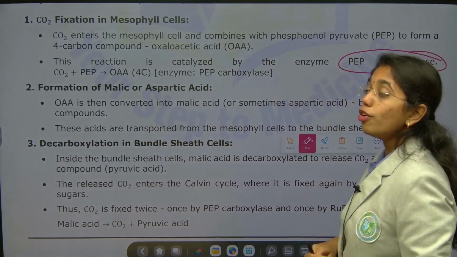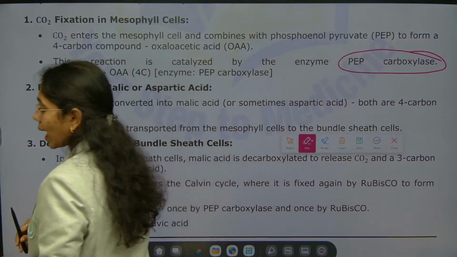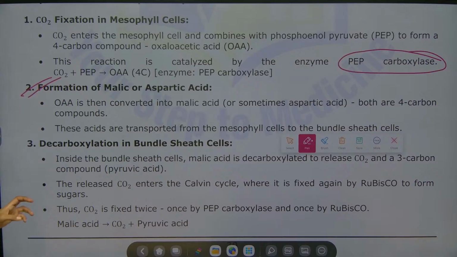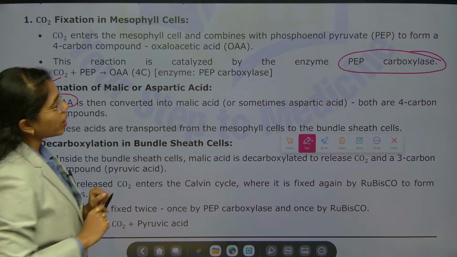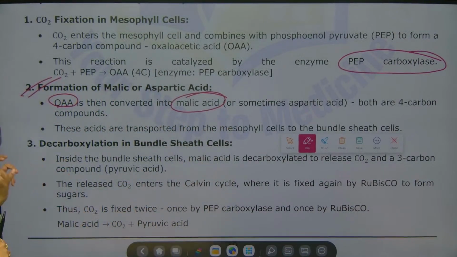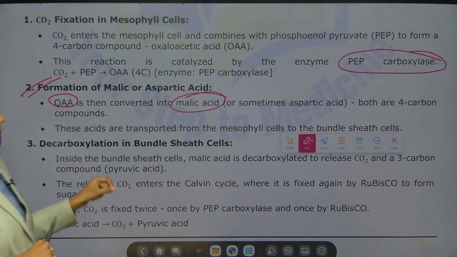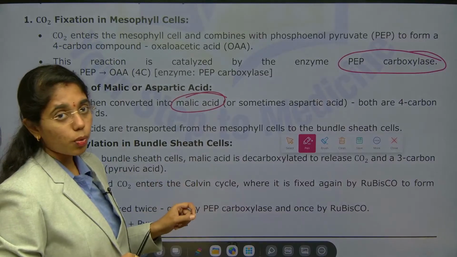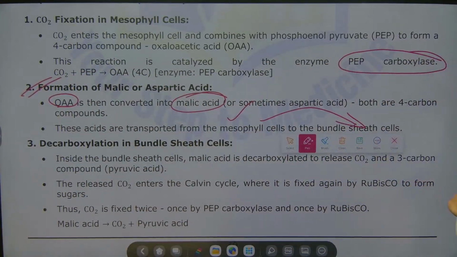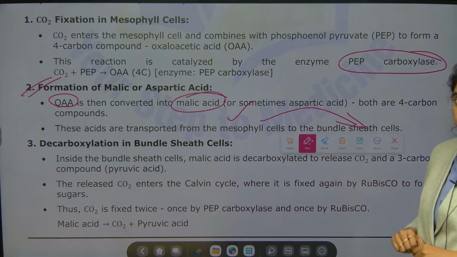And then formation of malic acid or aspartic acid. Here OAA, that is oxaloacetic acid, is converted to malic acid. Both are 4 carbon only, which is a reduction reaction. These acids are transported from mesophyll cells to bundle sheath cells via plasmodesmatal connections.